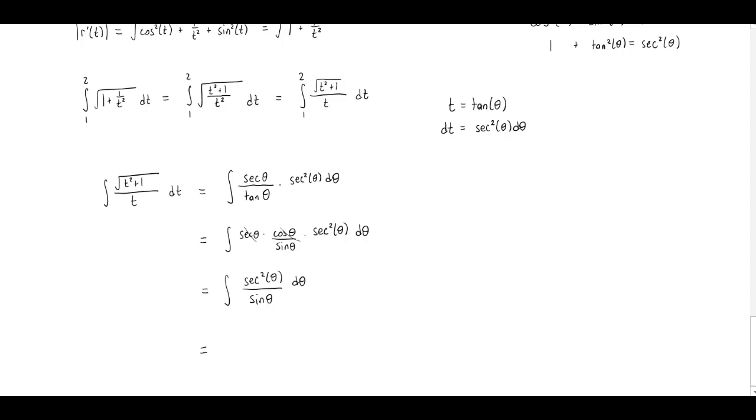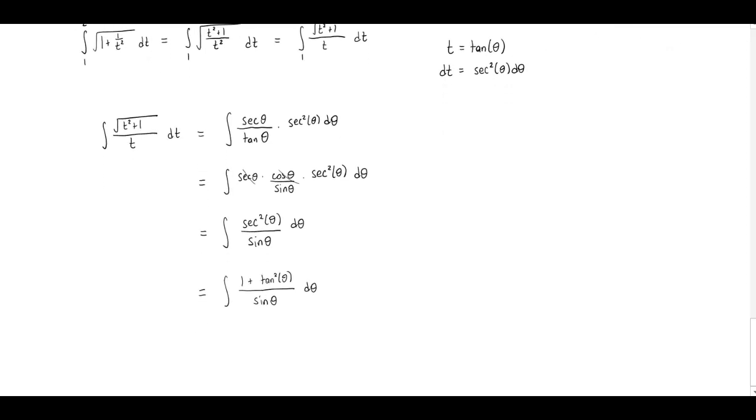So let's try writing it as 1 plus tangent squared theta over sine theta. Okay, so I think this will work.